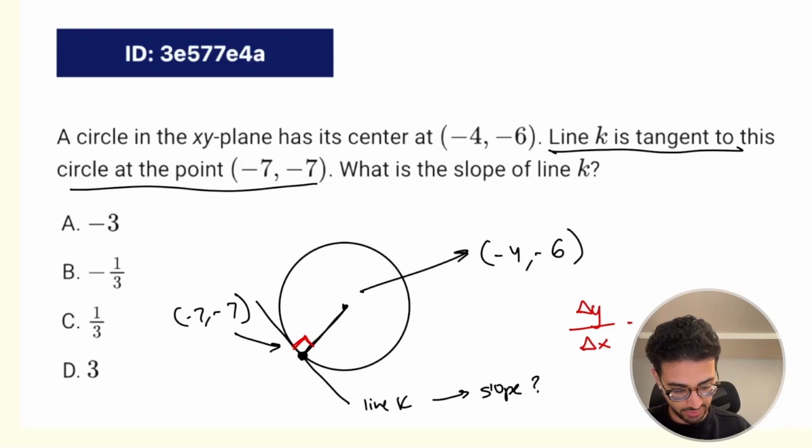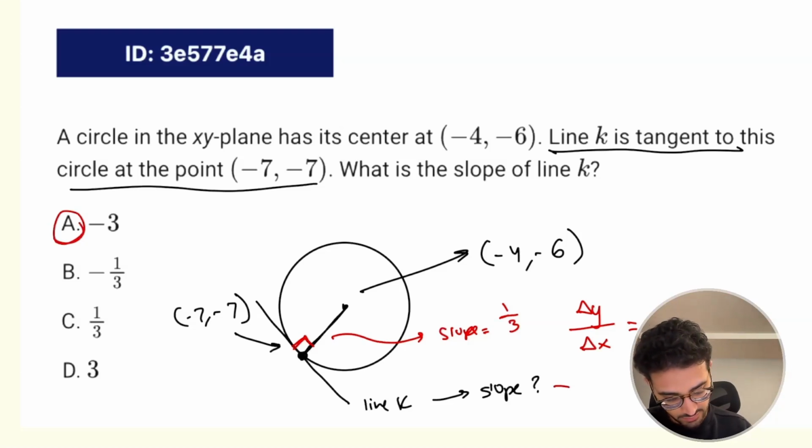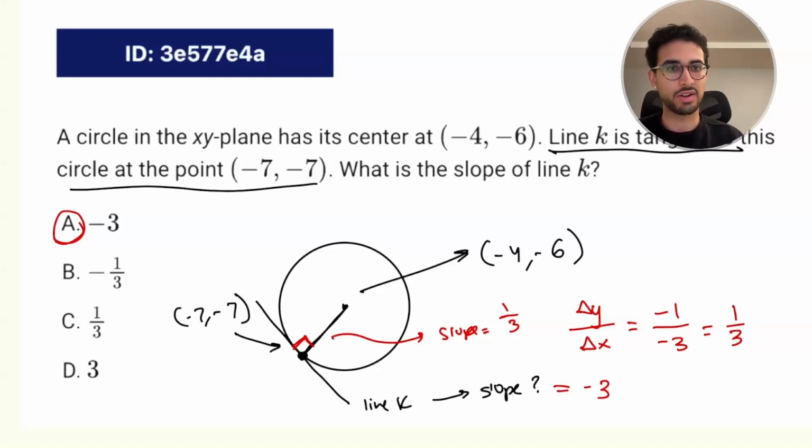Change in y over change in x. So change in y is -1, and this is -3. So the slope of that line is 1/3. Which means that the slope of line K, if it's the negative reciprocal, is going to be 3 over 1 times -1, which is going to be -3. So it's going to be -3. There we go. Cool.